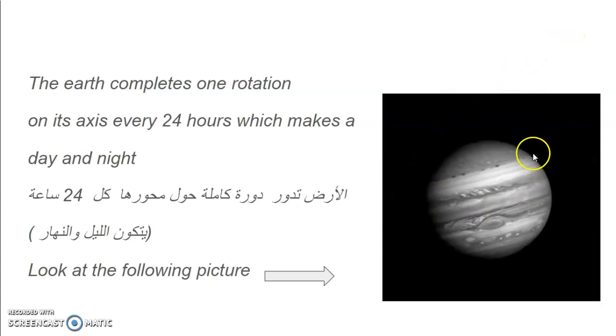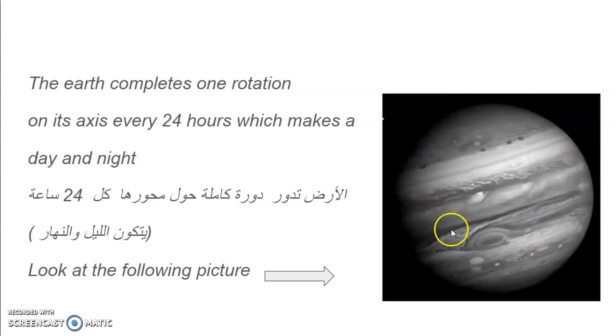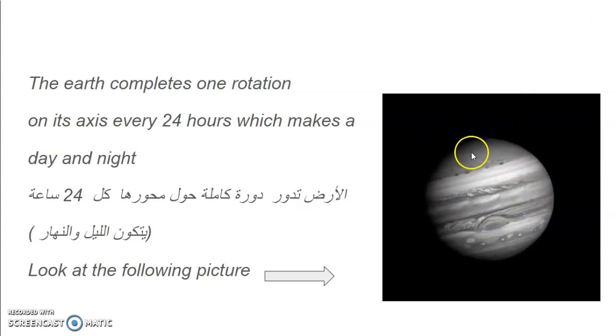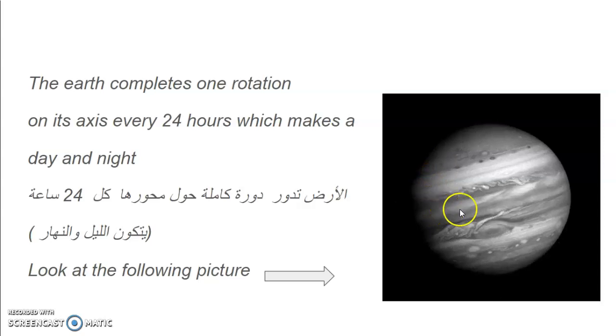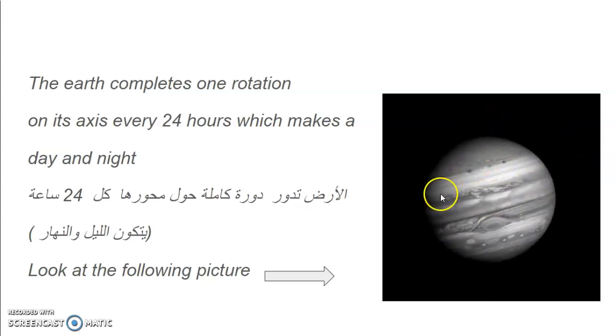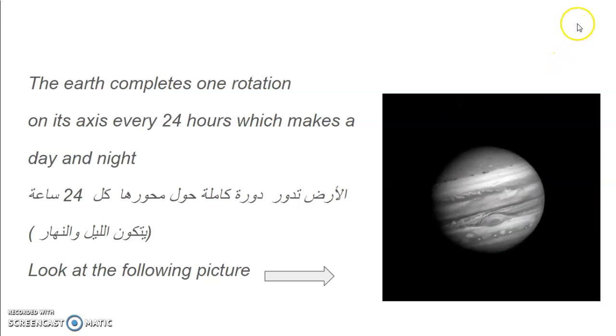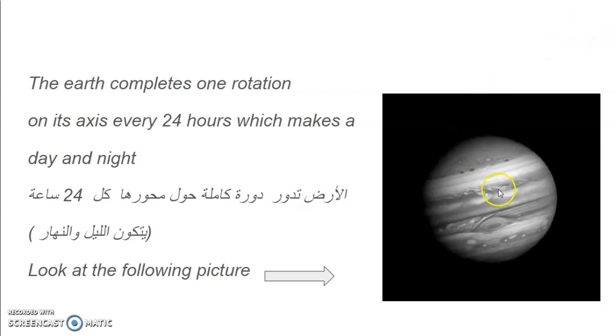Look at this model also. This is the shape of the earth and its rotation. Look. It's rotating from west to east. The earth completes one rotation.